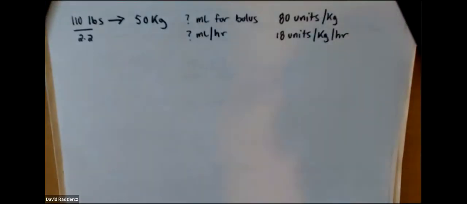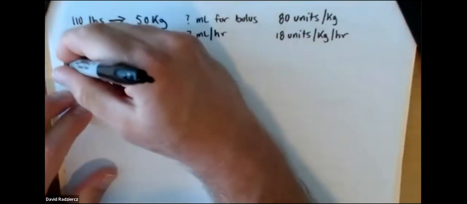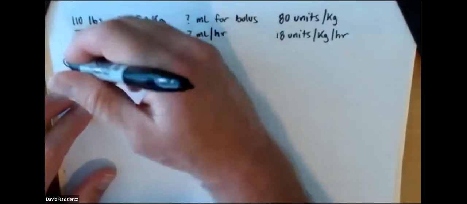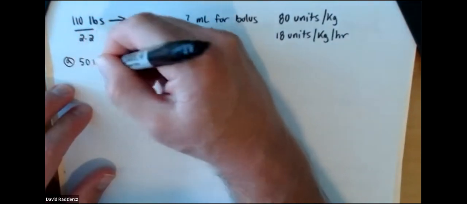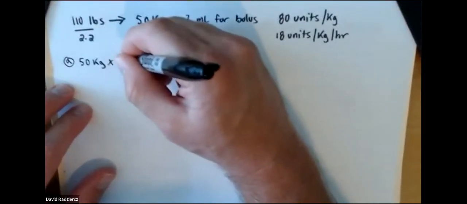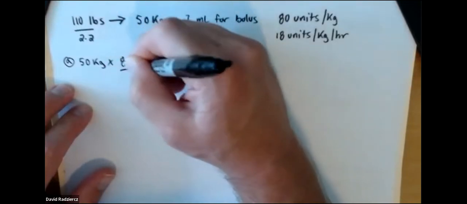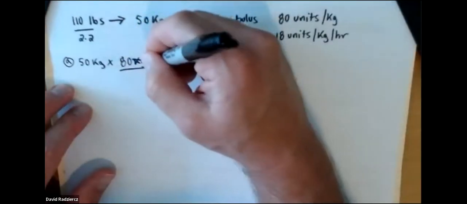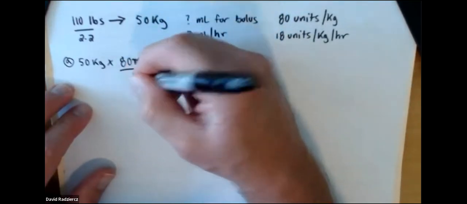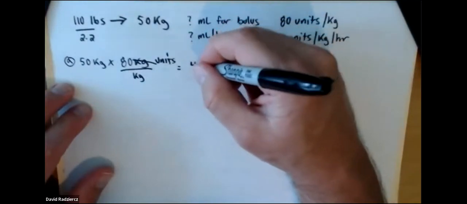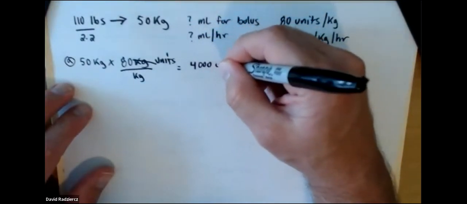Okay, so for part A, again, I'm looking for the bolus. I start with the patient's weight, and I multiply it by 80 units per kilogram. And what I get is 4,000 units.